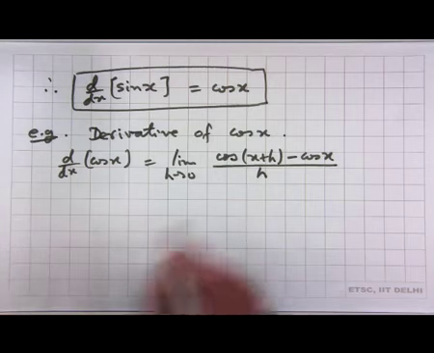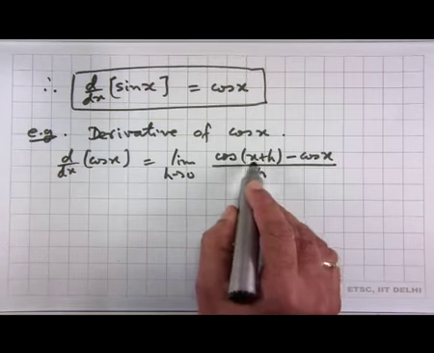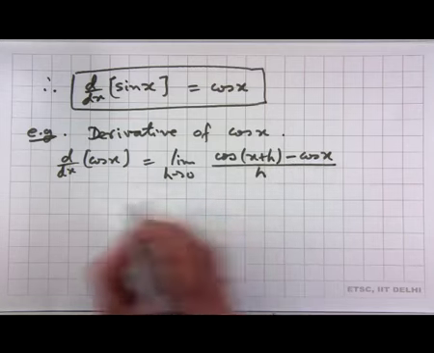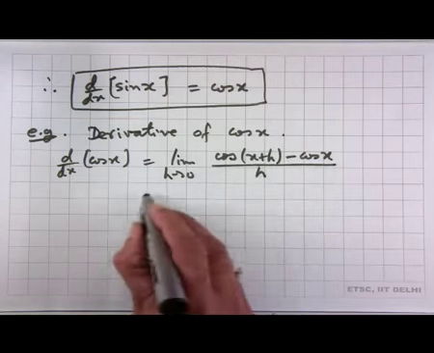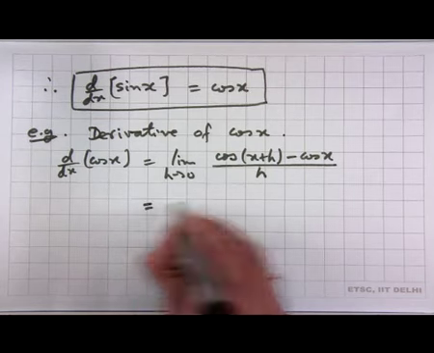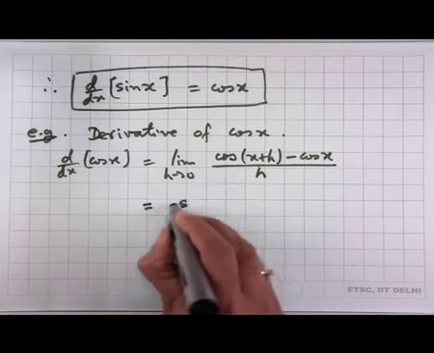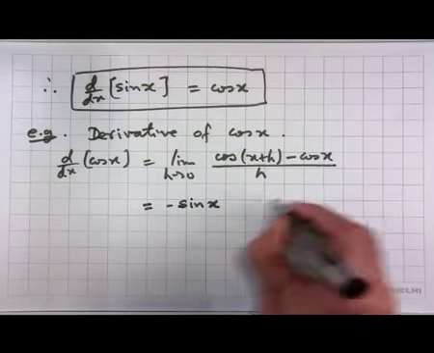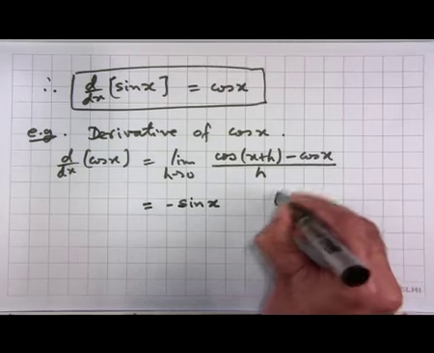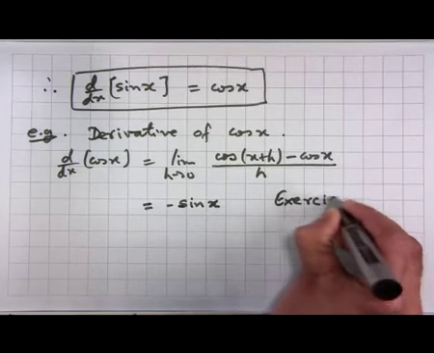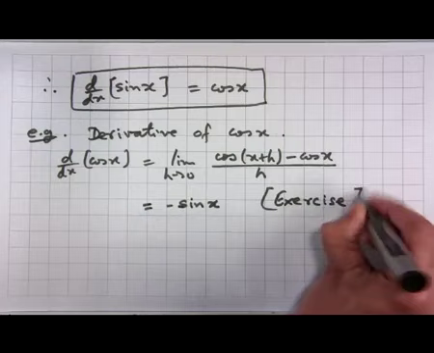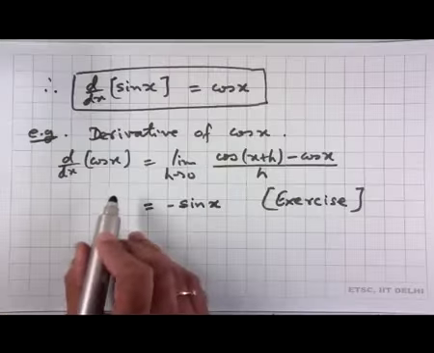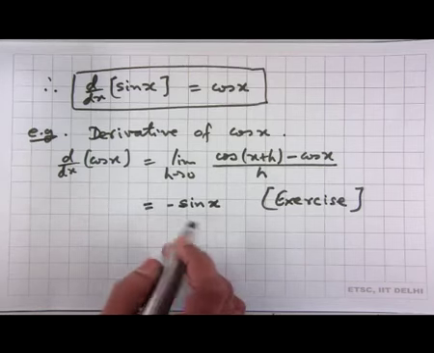And again, if you use the formula for cos c minus cos d, then you can show that this limit is equal to minus sin x. So, this I leave as an exercise for you to check that the derivative of cos x is minus sin x.